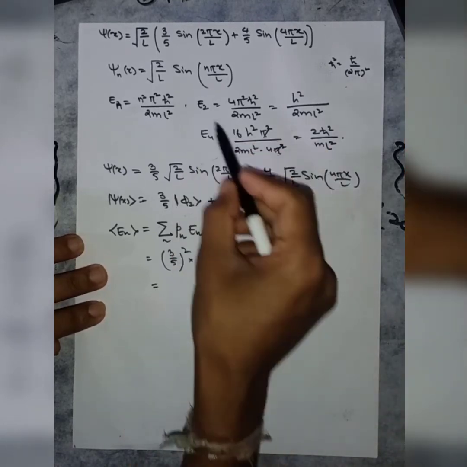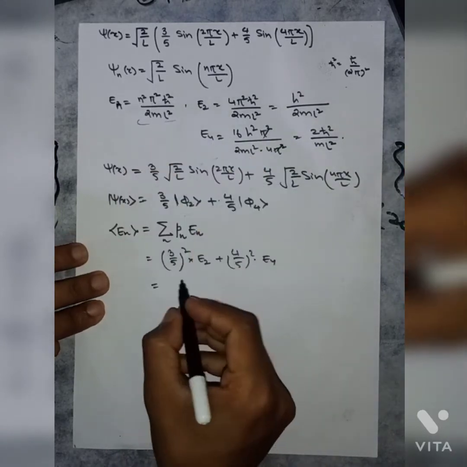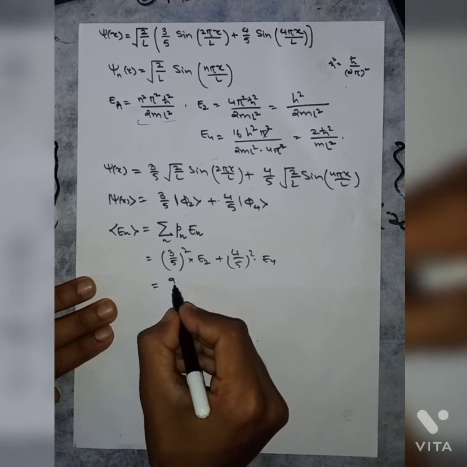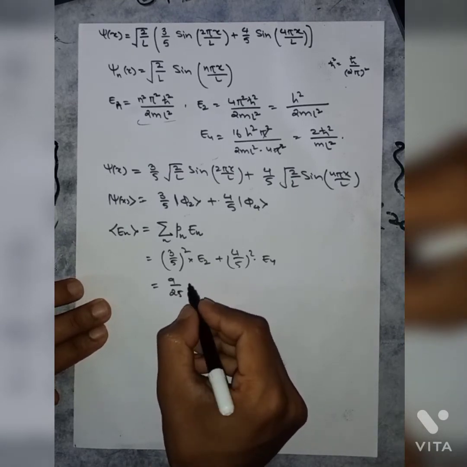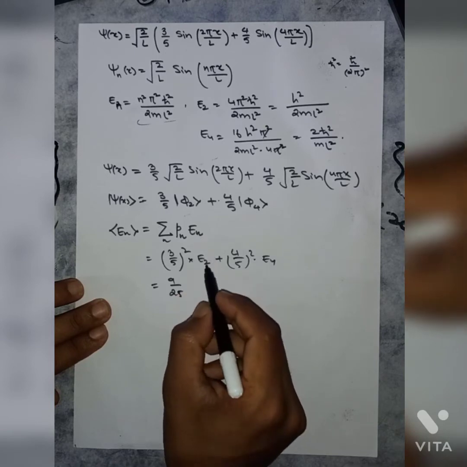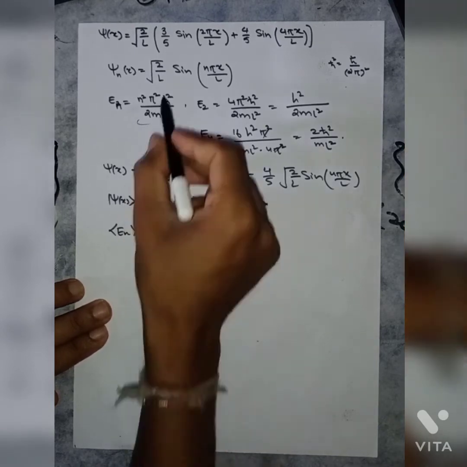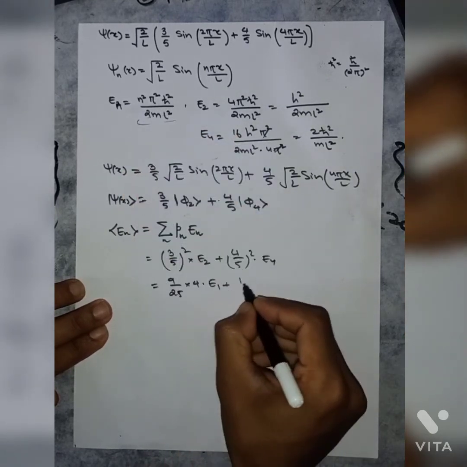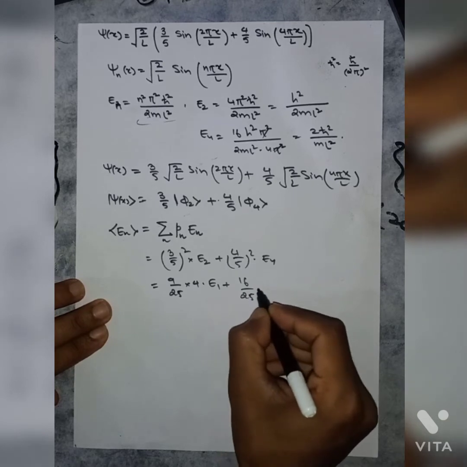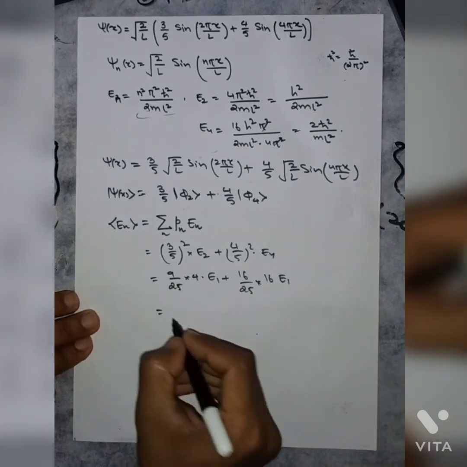So energy we already know, n square pi square h bar square upon 2m L square, right? So 9 by 25 into, for the second case n square is 4, and I can say this pi square h bar square upon 2m L square to be E1, plus 16 by 25 into 16 E1, right?